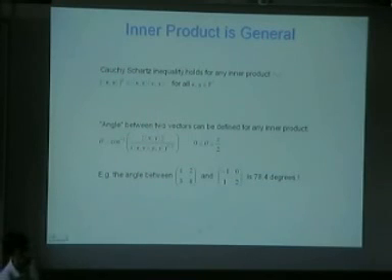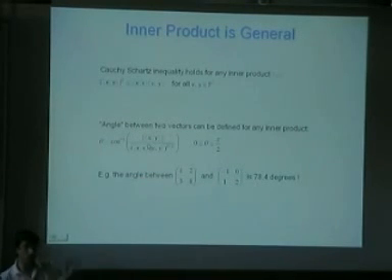So, okay, you've seen this. It's like the product of the sizes times cosine, the square of the inner product of X and Y is at most the norm of X squared times the norm of Y squared. This is true for any inner product. But the fact that this is true for any inner product means you can define an angle, as long as you can define an inner product. So suppose I have matrices.